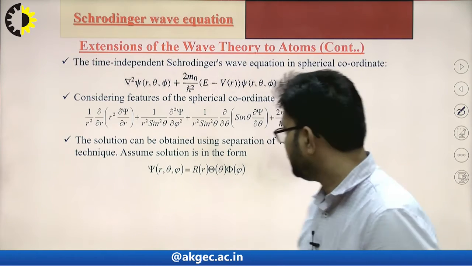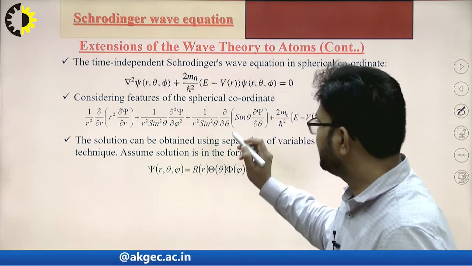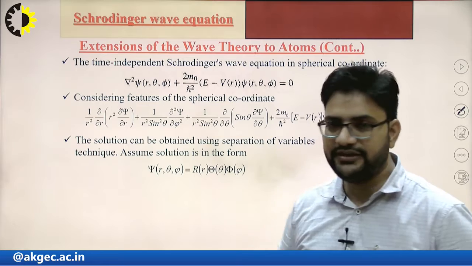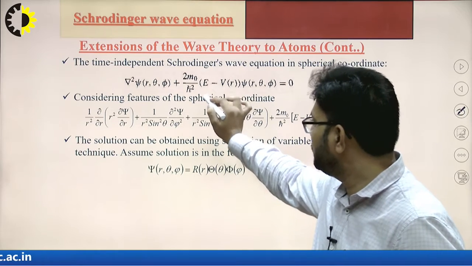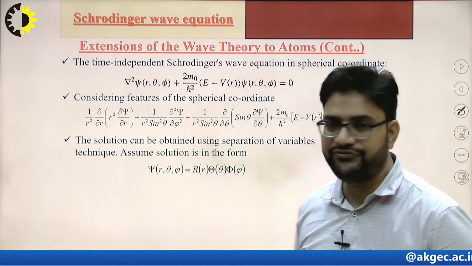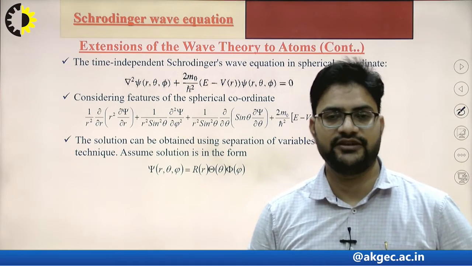Further, del 2 psi of r theta phi plus 2 m naught divided by h bar square multiplied by E minus V into psi of r theta phi is equal to 0.